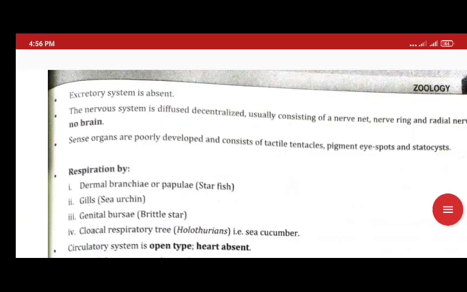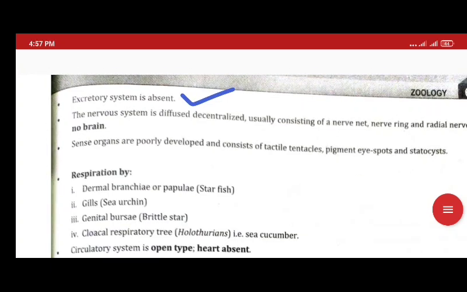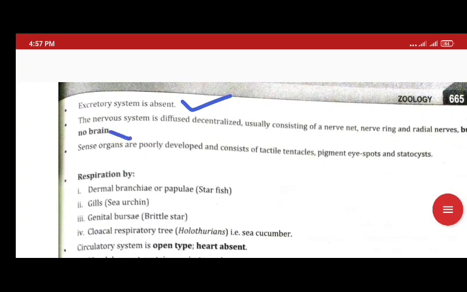Due to retrogressive evolution the excretory system is absent here. Before this, phylum Mollusca included an excretory system, the kidney, that is found in highly organized animals. Chordata or mammalia also include it; that was the evolutionary progress, but here there is retrogressive evolution. There is also no brain here, which is also retrogressive.